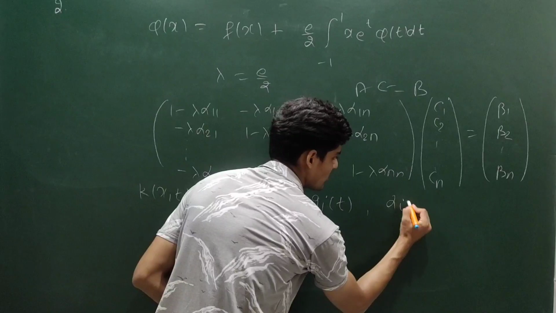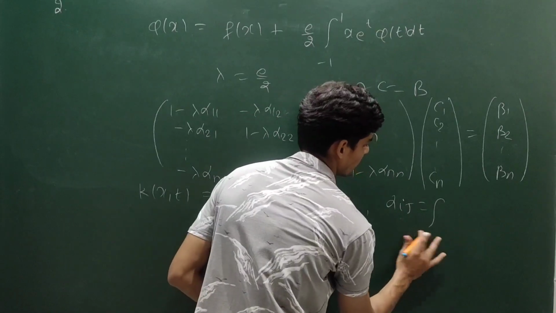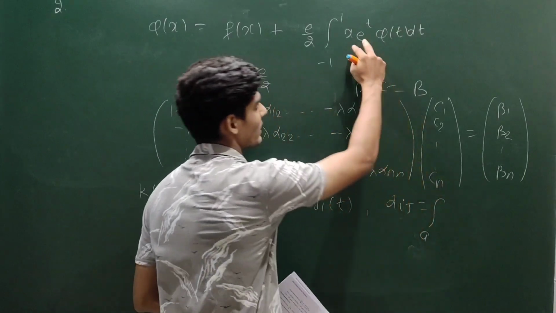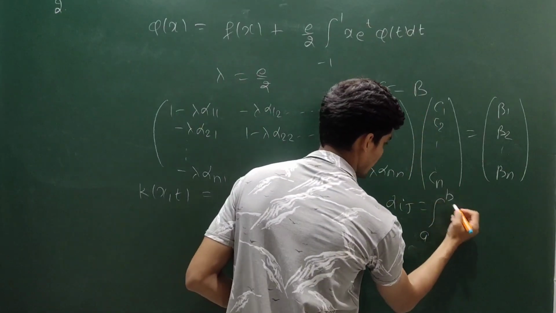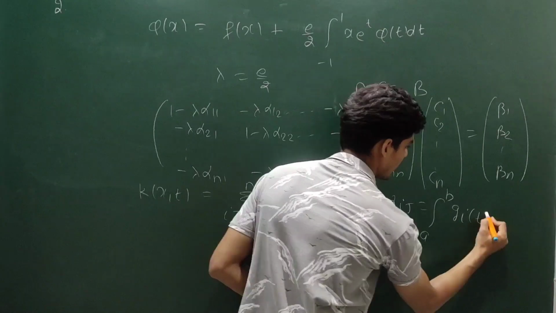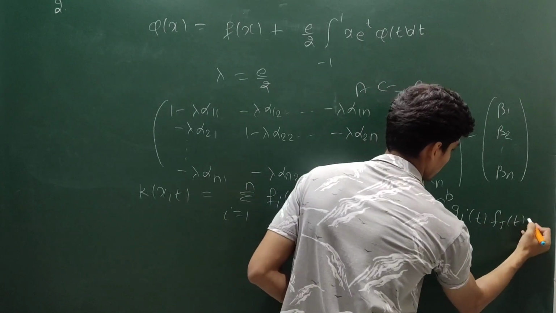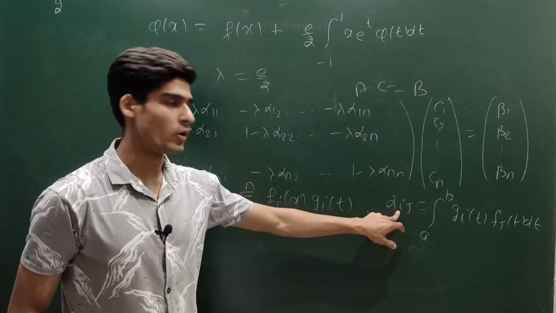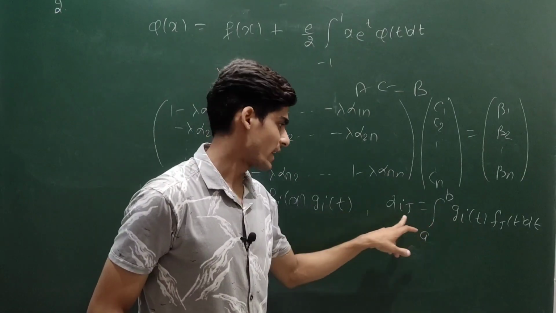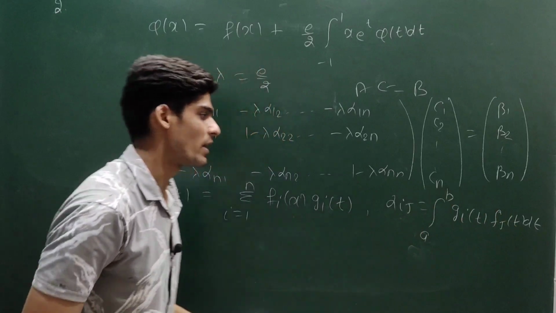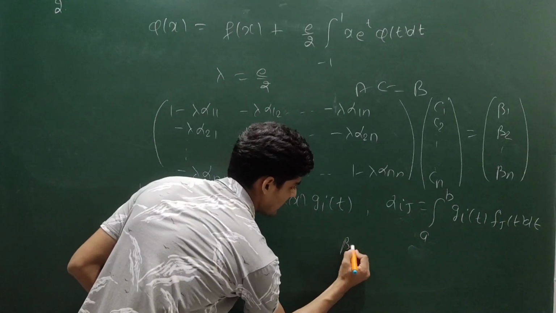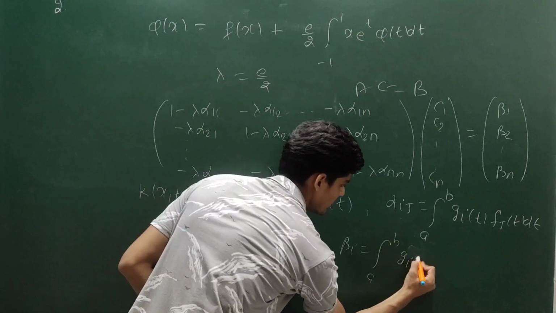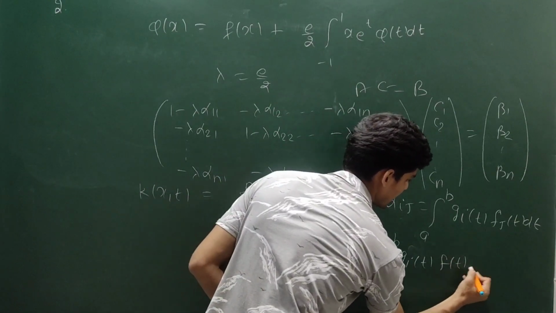So your alpha ij is given by the integral, the same limits as in the integral equation, integral a to b g_i(t) f_j(t) dt. The first subscript of alpha runs over g, the second subscript runs over f, and beta i is given by integral a to b g_i(t) f(t) dt.